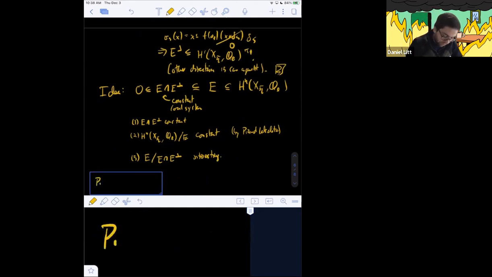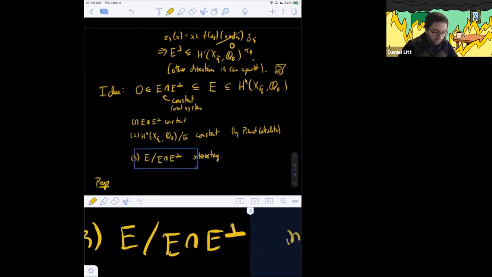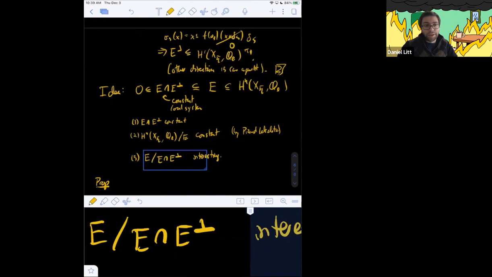Okay, so in order to apply the main lemma, we're going to have to check that this a priori very complicated group actually satisfies the hypotheses of the main lemma, right? So what were those hypotheses? Hypothesis one is that the characteristic polynomials are rational.